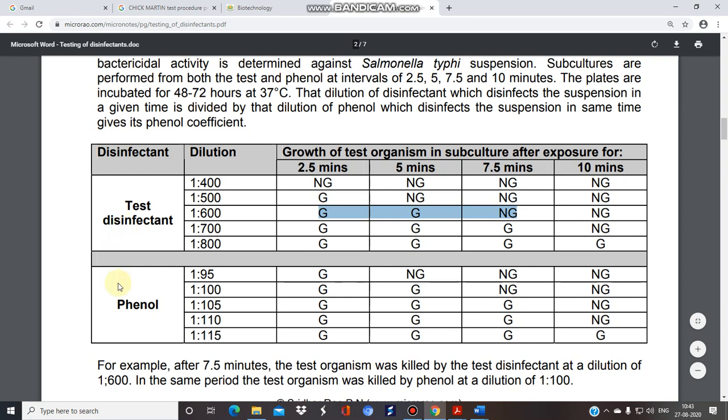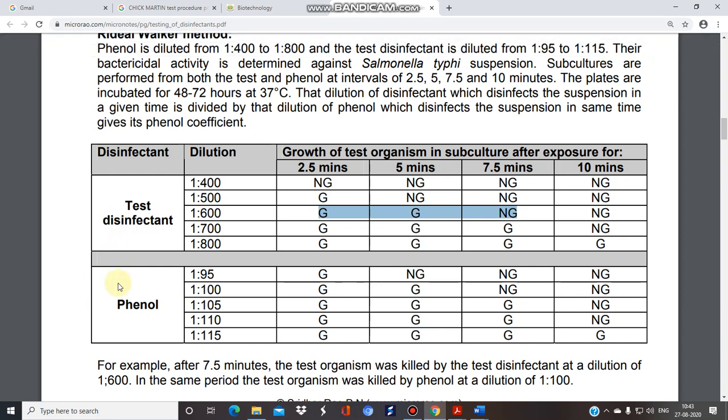Because in Riedel-Walker test we need two things, that is our test disinfectant, and we'll compare it with the phenol, and we will prepare different dilutions. And here it is clearly given that different dilutions of the phenol are prepared like in this way: 1:95, 100, 105, 110 and 115. And the test disinfectant dilutions are prepared in this way, that is 1:400.